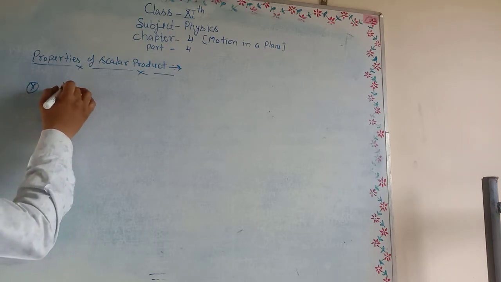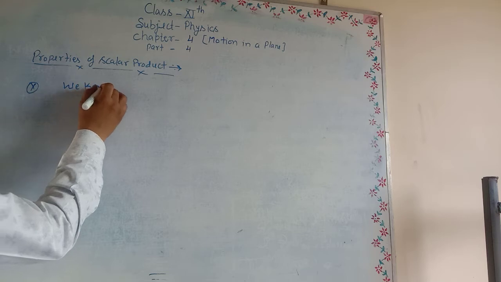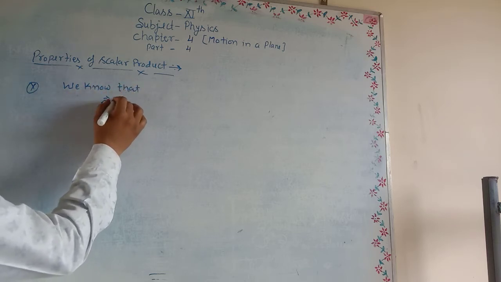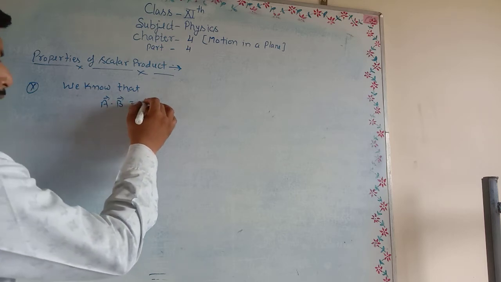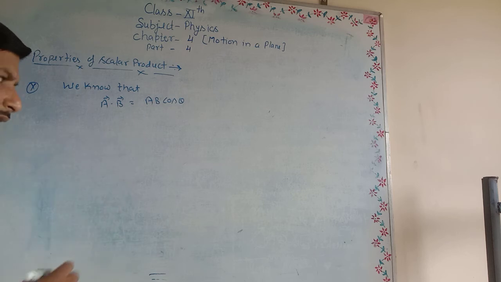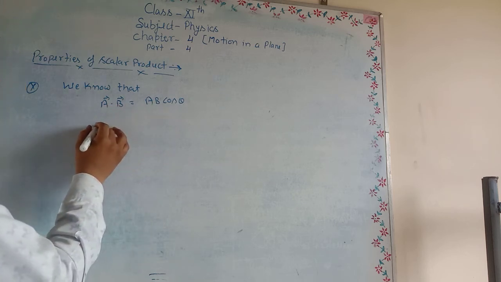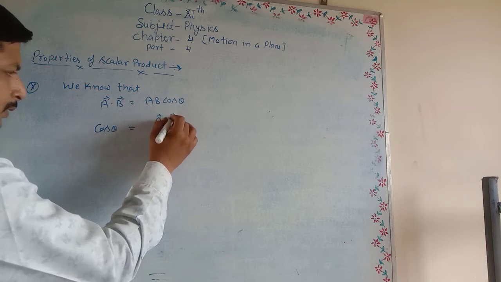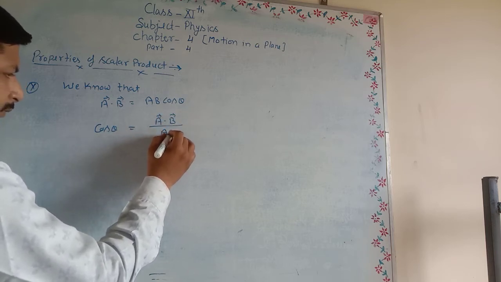Property number 10: we know that A dot B is equal to AB cos theta. To find the theta between A and B, cos theta is equal to A dot B upon AB.